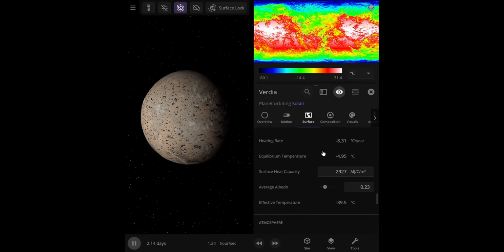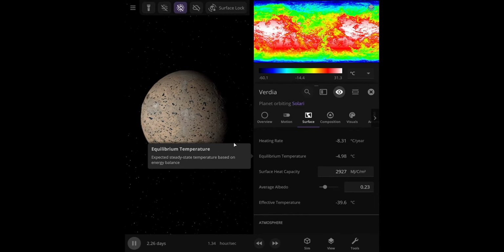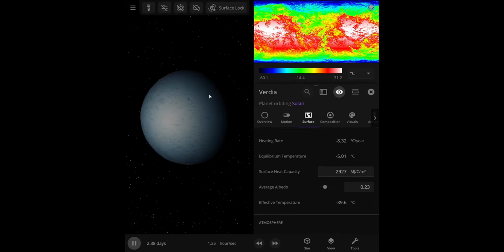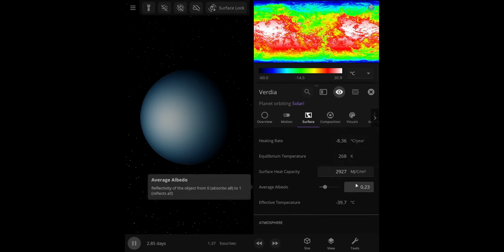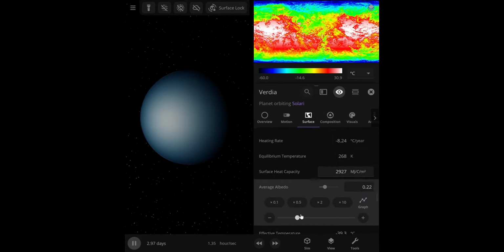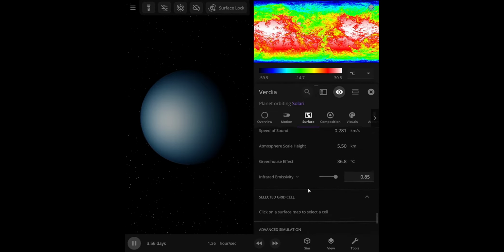Okay, now it's time to take care of this temperature, which according to ChatGPT is 320 degrees Kelvin. Let's check the slider, start sliding it down. 320 degrees, which is going to be quite a lot. Okay, we're going to have to boot up the greenhouse gases.